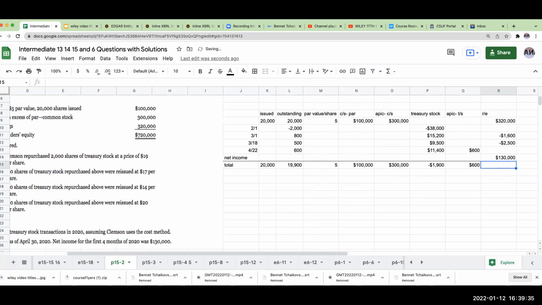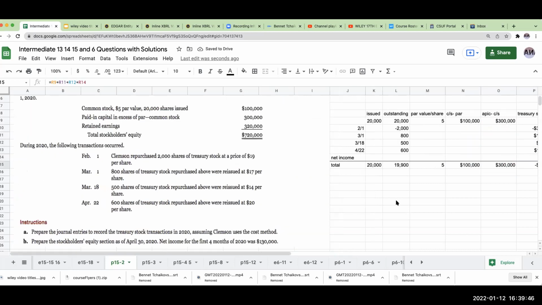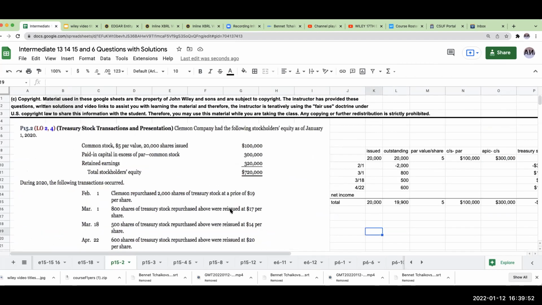My additional paid-in capital treasury stock is at 600. Over here, my retained earnings are now going to be at a total of 445,900. So when I'm doing the stockholders' equity section, here's what I would probably go through and do.